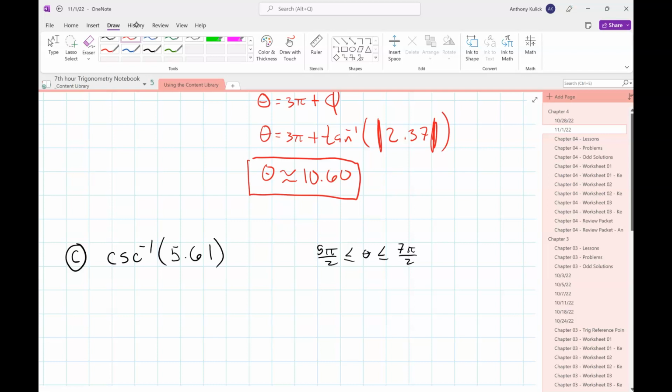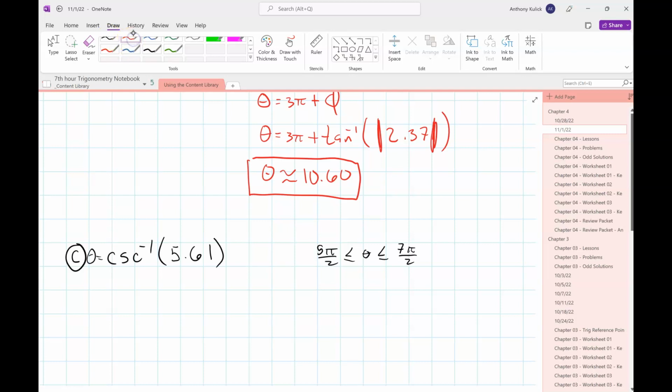Now notice there's a complication here. What do you notice right away that's different about this one than the previous ones? Cosecant, right. Oops, I forgot to write the theta equals there. I'll sneak it in.